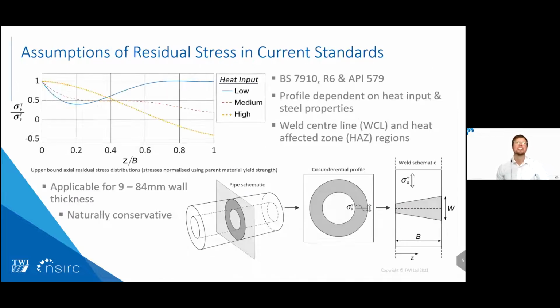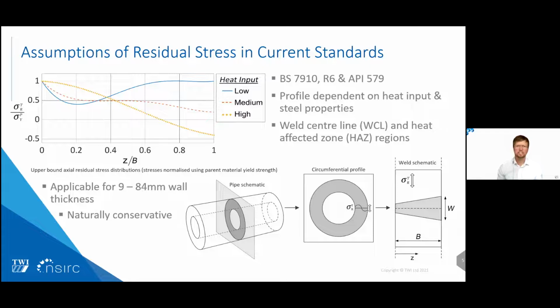This is why BS 7910 recommends profiles, and this is the level 2 profile of residual stress, which is dependent on the heat input and whether your weld is either austenitic or ferritic. These include, importantly, the weld centerline and also heat affected zone regions of the weld themselves.